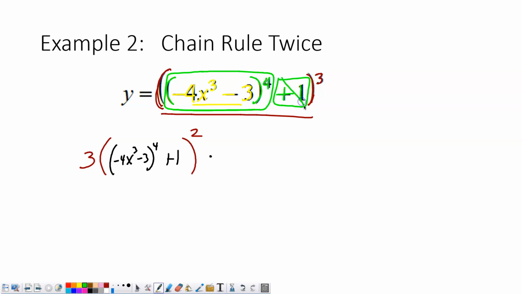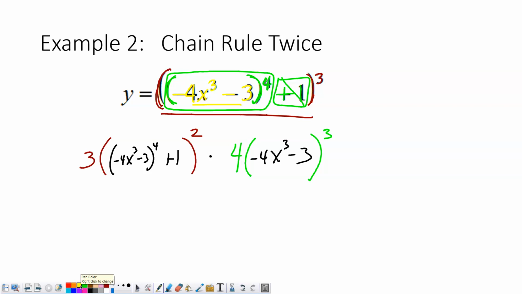So all we really care about is this part in the bigger part here. So the green part here is a quantity being raised to the 4th power. So I'm going to put a 4 in the front, and I'm going to take 1 off of the power, and we don't change the inside. So there's the derivative of the egg whites.